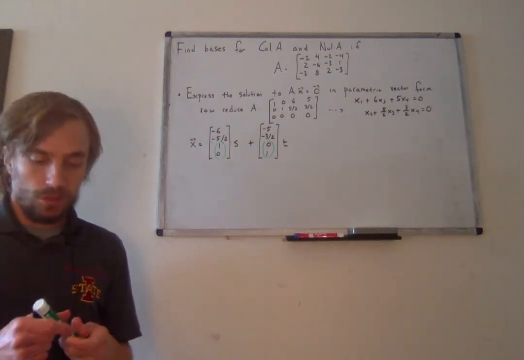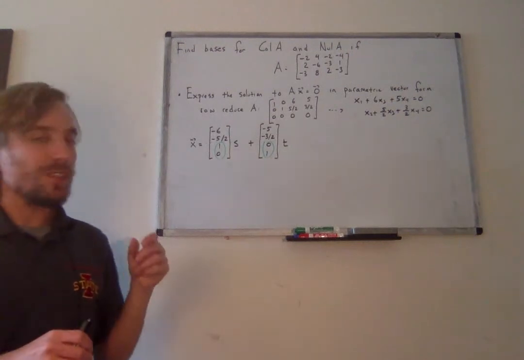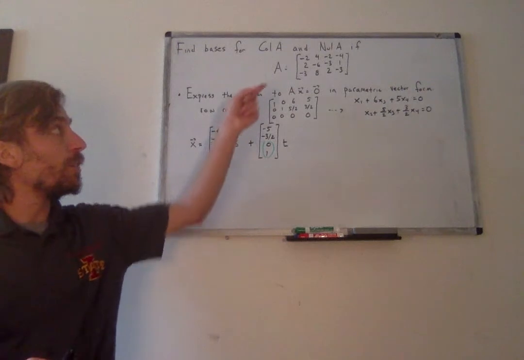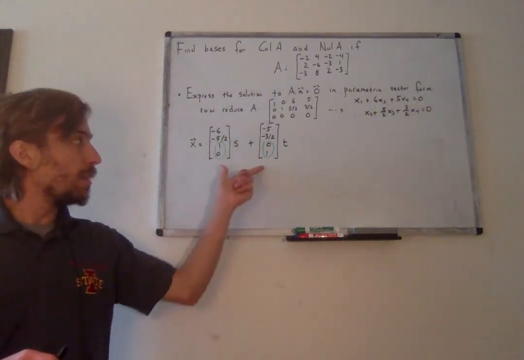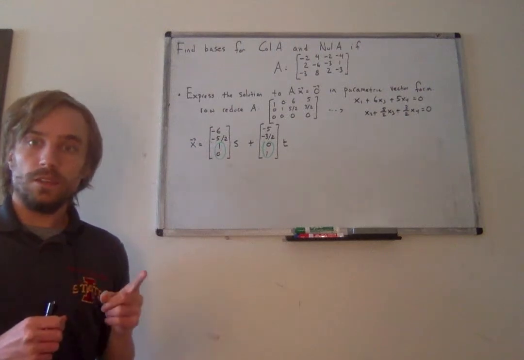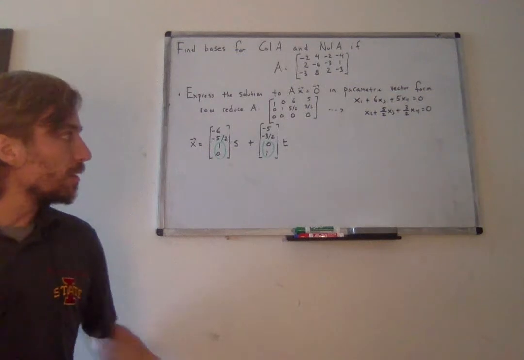So what we've just found, and stop me if this sounds familiar, are two vectors such that any vector in the null space of A can be written as a linear combination of these two vectors, and these two vectors are linearly independent.